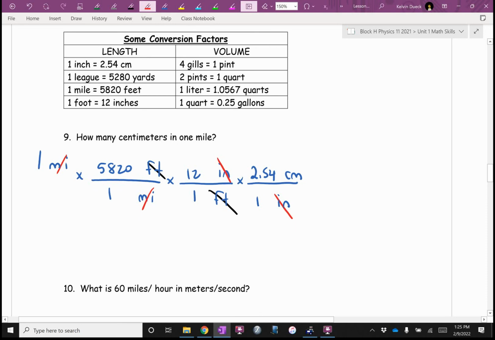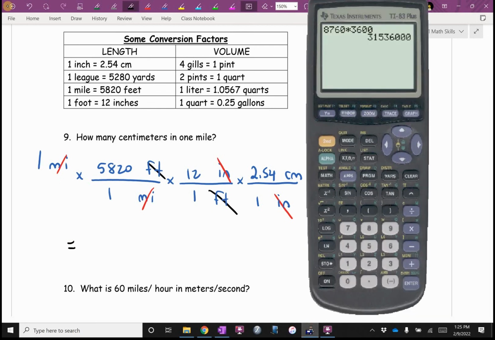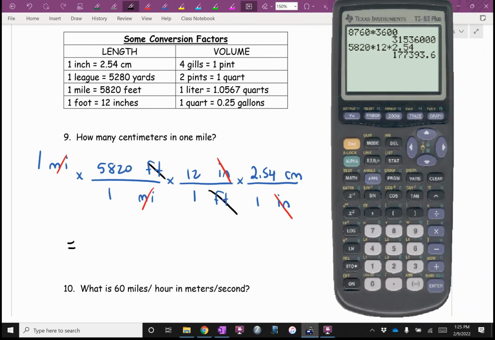Anything on the top, I multiply. Anything on the bottom, I divide. 5,280 times 12 times 2.54. I got 177. Did I miss something?